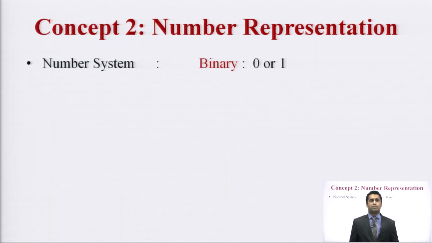The second important concept is number representation. When we talk about computer arithmetic, the first thing is that we are dealing with binary numbers. The computer works in binary, 0 and 1, and the representation of these numbers is in three forms.